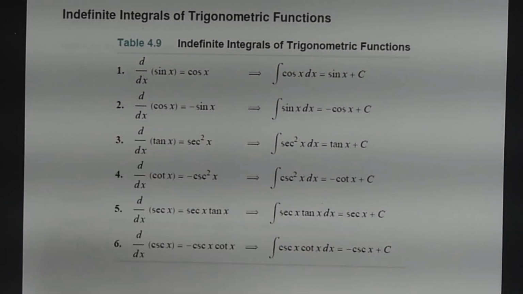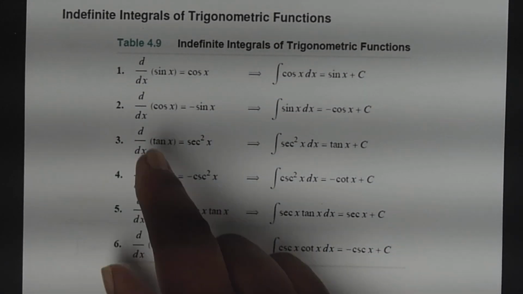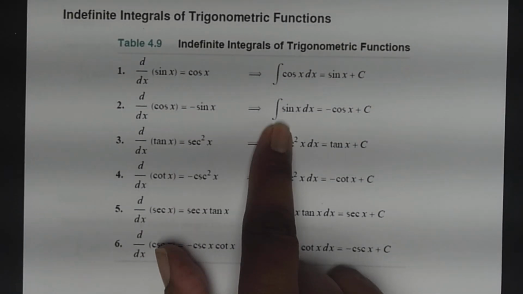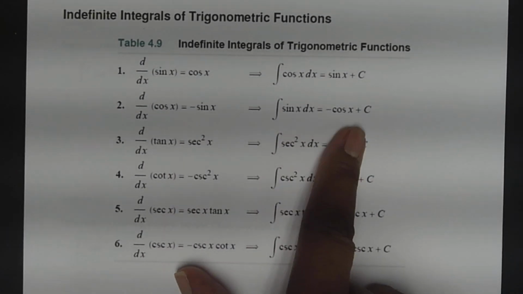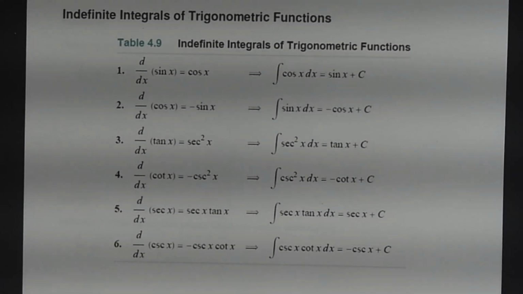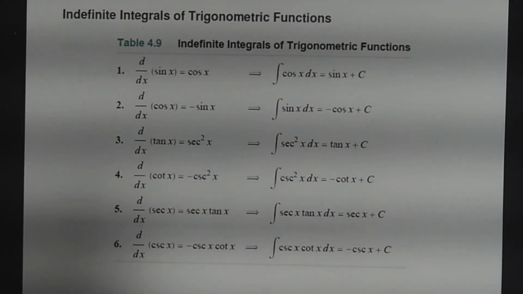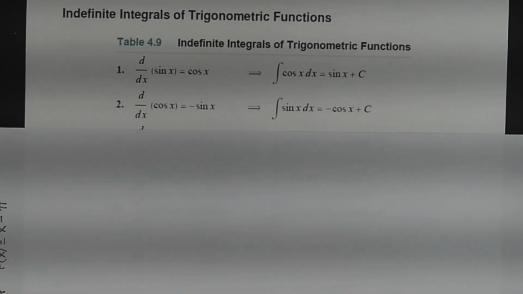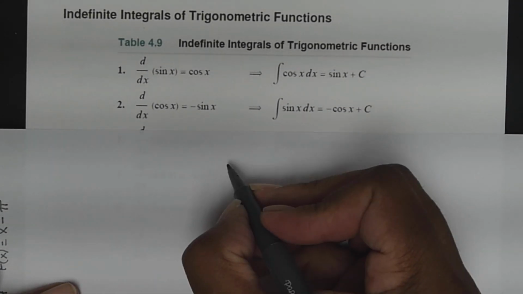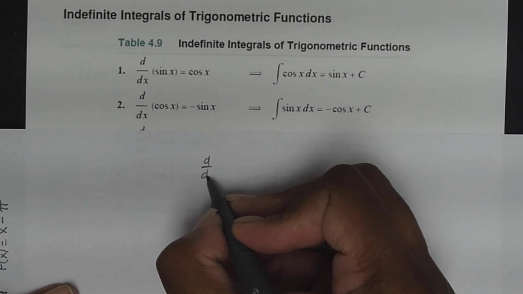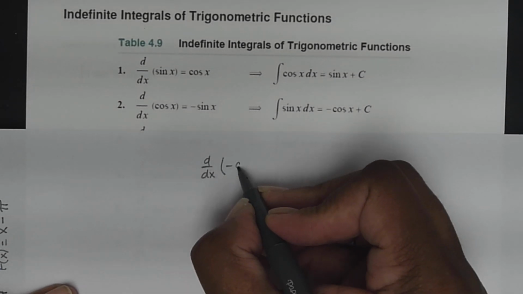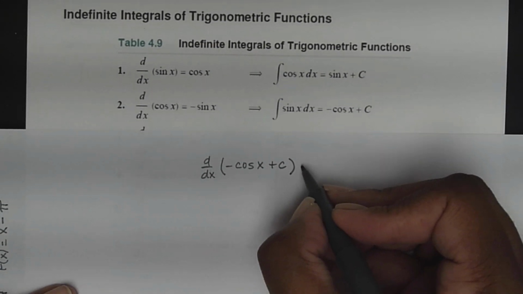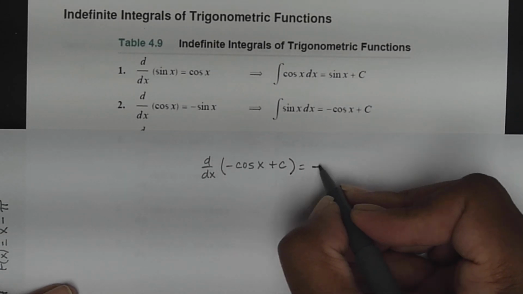And then next would be the derivative with respect to x of the cosine of x, that's negative sine of x. That would mean the integral of sine of x dx will be equal to the negative cosine of x plus c. Now, keep that in mind, that you have negative cosine of x plus c as the integral of sine of x, because if you took the derivative with respect to x of negative cosine of x plus c, you'll have the negative sign here.